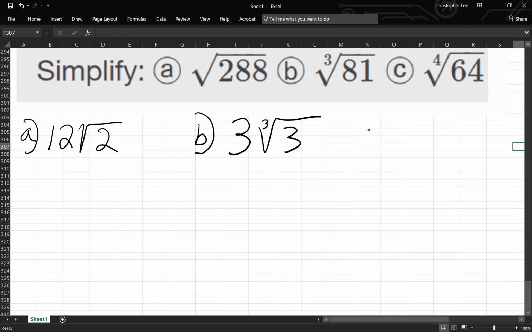A little bit harder. What do you think about C?